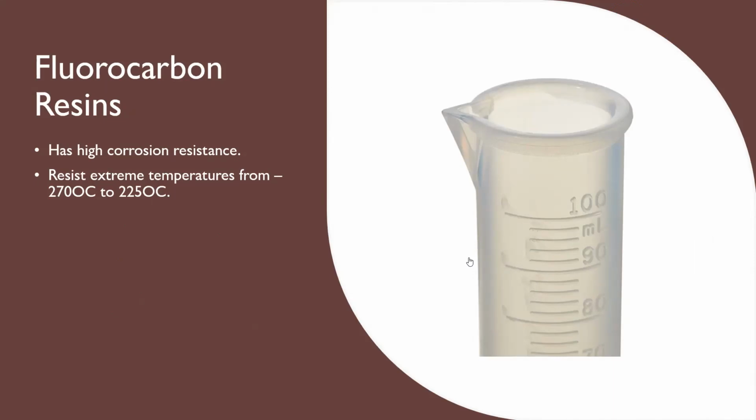Fluorocarbon resins have high corrosion resistance and can resist high temperature, I guess this is 255 to 270 degrees Celsius. Okay, making it a high corrosion resistance and high temperature resistant plasticware.